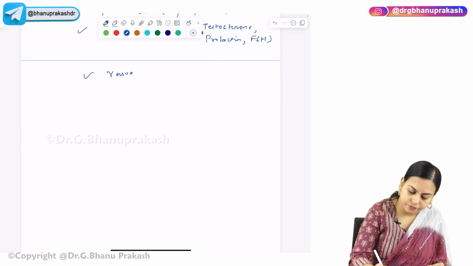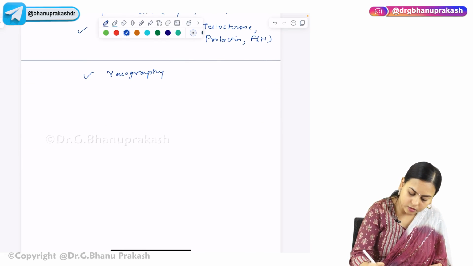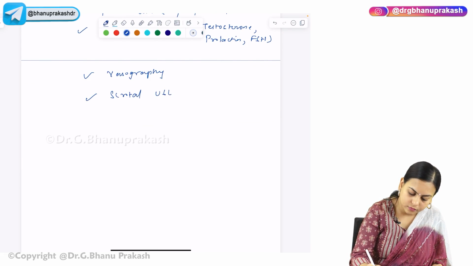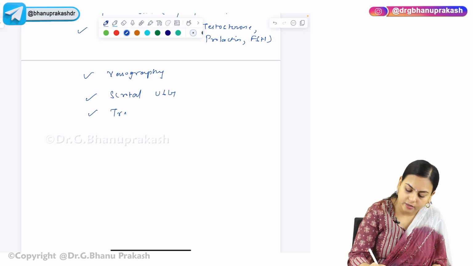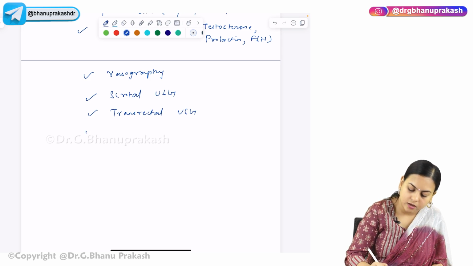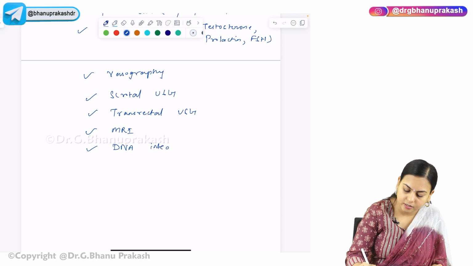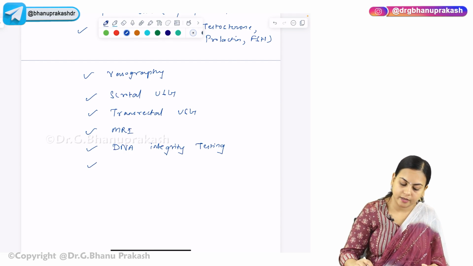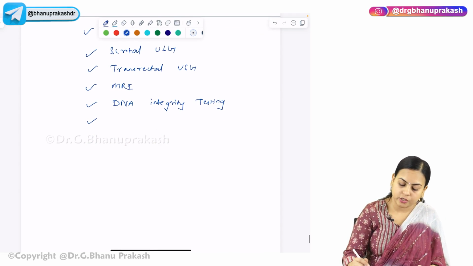Vasography can be done, scrotal USG, transrectal USG, MRI, DNA integrity testing, to check whether DNA damage is present or not.